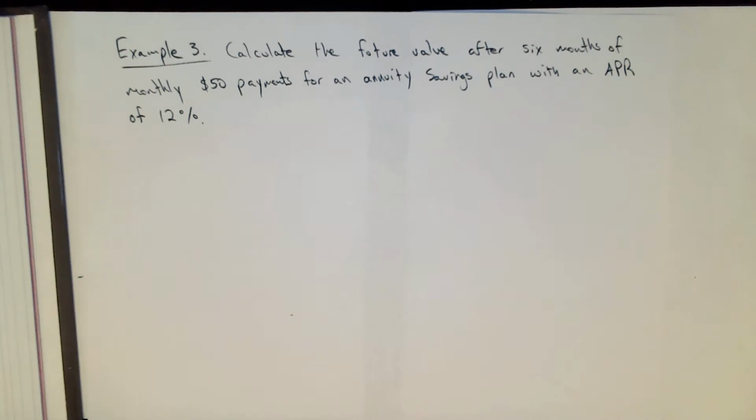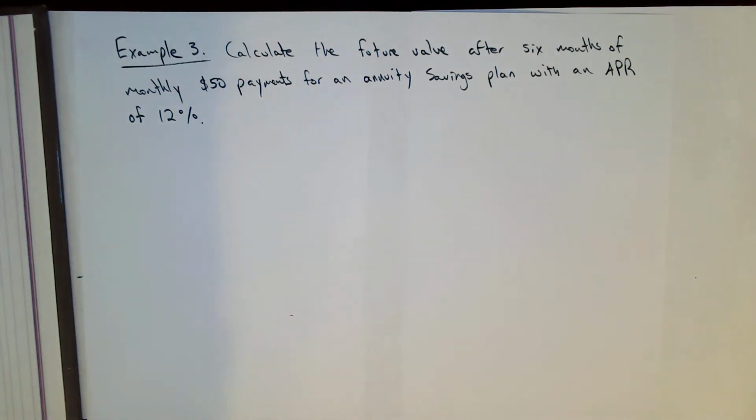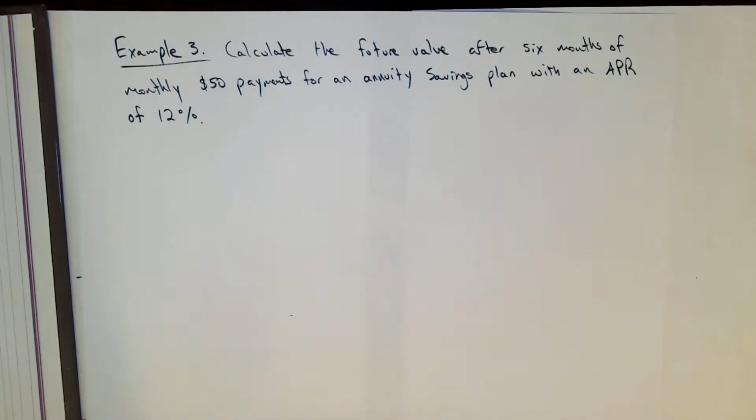So I want to make something clear here that maybe I didn't make explicitly clear enough when I introduced this annuity thing. This is different from compound interest, right? A compound interest account, in terms of savings accounts, the idea is you have this big chunk of money and you just plop it in there and let it sit there and gain interest.